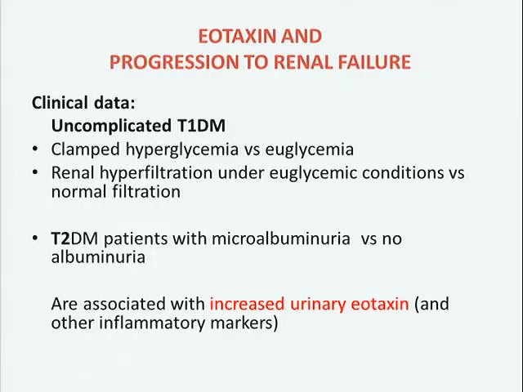When it comes to EOTAXIN, any evidence in the literature between EOTAXIN and renal disease is rather scant, I have to say. There is only some evidence that EOTAXIN could be involved in renal failure. In uncomplicated type 1 diabetes, clamped hyperglycemia will result in an increased urinary excretion of EOTAXIN and other markers.